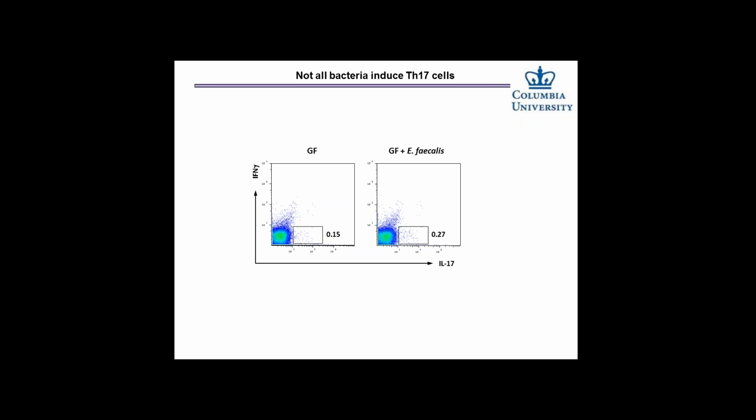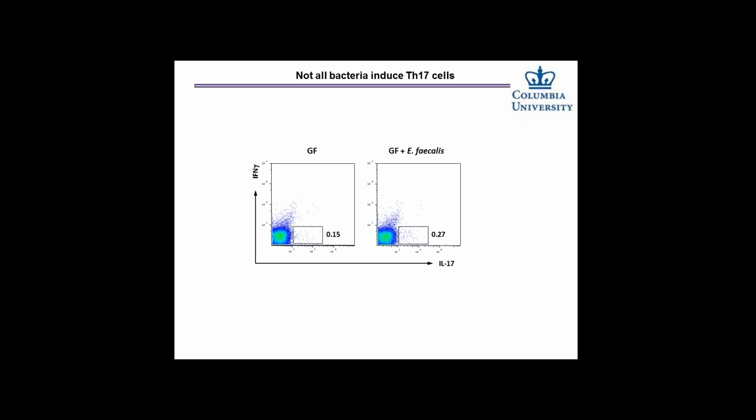And none of these experiments yielded recovery of Th17 cells. So you can see here an example when we use Enterococcus faecalis that we cannot recover Th17 cells, in contrast to what happens when you give a full complement of commensal bacteria from conventionally raised mice.